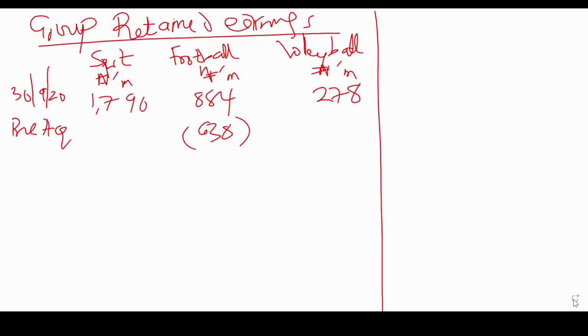Pre-acquisition for Volleyball, 212 million. All right. Good. That means that the post-acquisition that we are going to share here, we have 246 million. Here we have how much now?